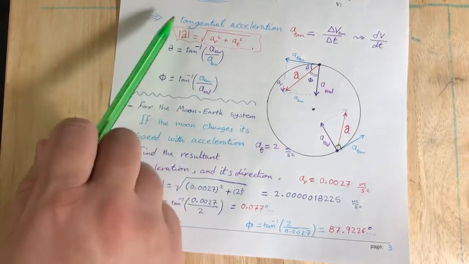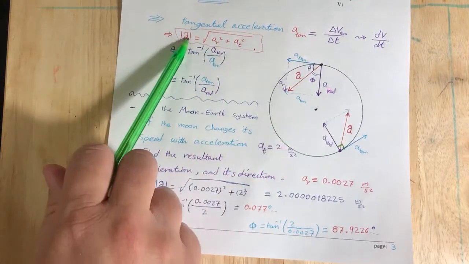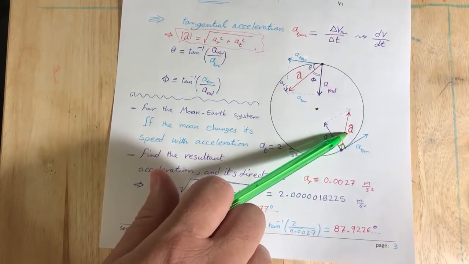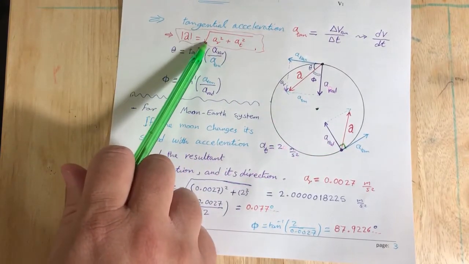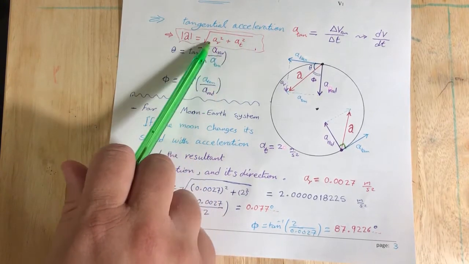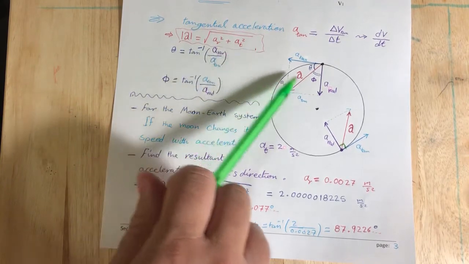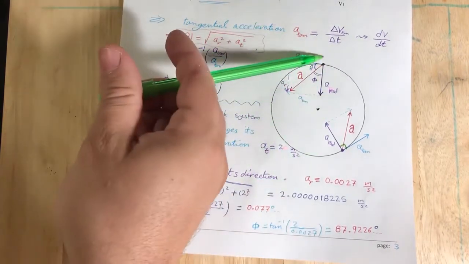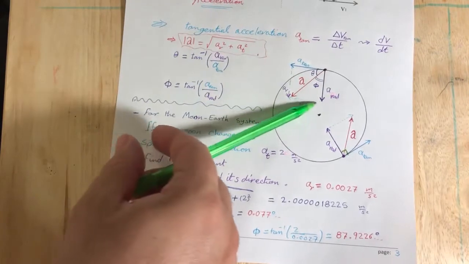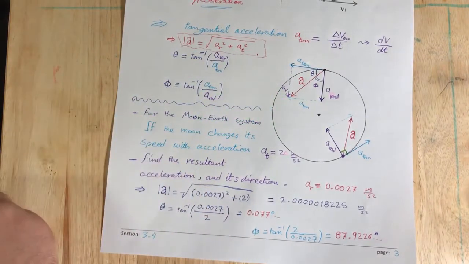Using the Pythagorean theorem, the magnitude of the resultant acceleration, which is A, is equal to the square root of a_r squared plus a_t squared, a radial and a tangential. Look, this is a radial, this is a tangential. They form a right angle triangle.